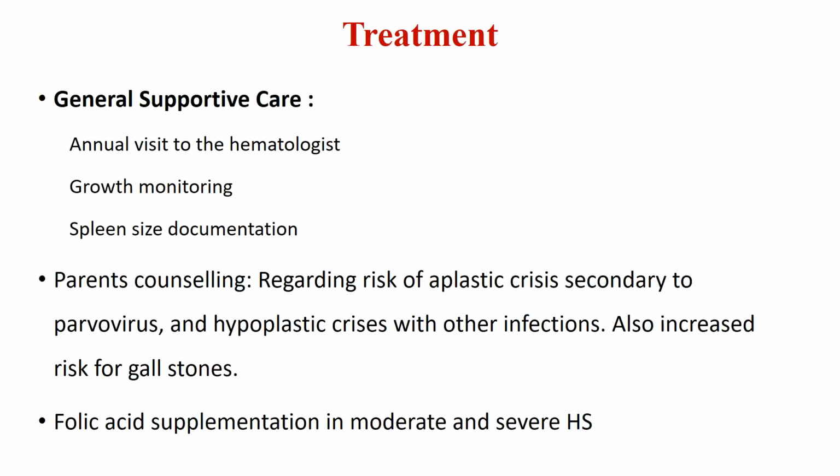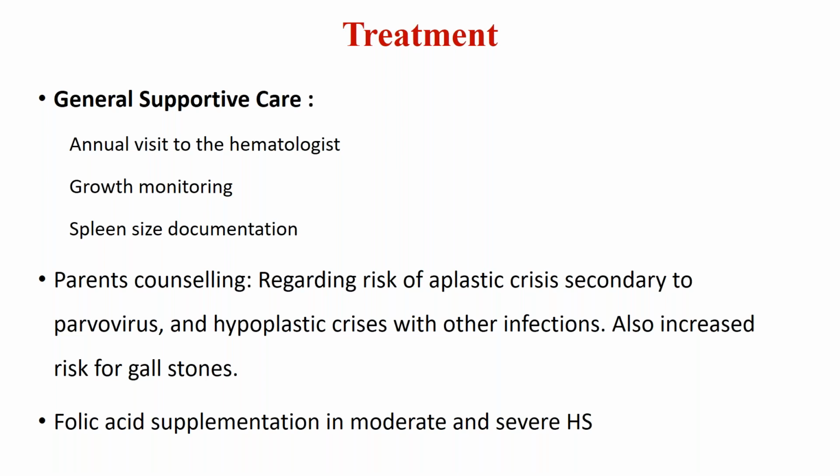And what is the treatment? The treatment for hemolytic anemias is usually more or less the same. You need proper visits to a hematologist, you need growth monitoring, you need to document the spleen size because when the spleen size is excessively large, we might need to do a splenectomy to avoid complications.